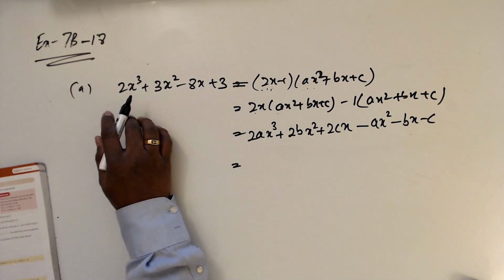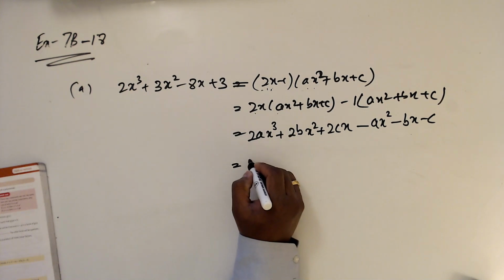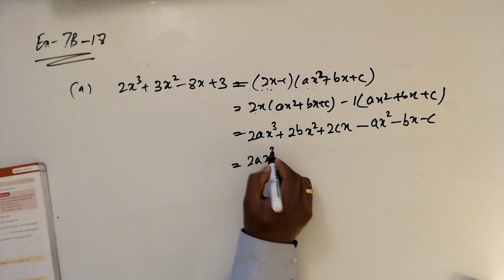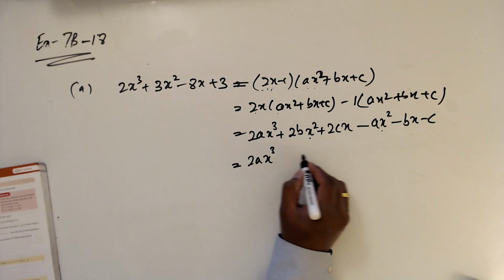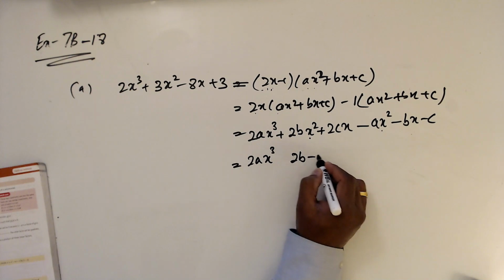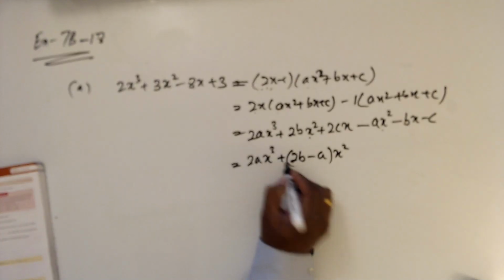I'm expanding, then I will adjust according to x cube, x square, x and constant. So there are no other x cube terms. Now I can see the x square terms: 2b and minus a. I will take x square out.